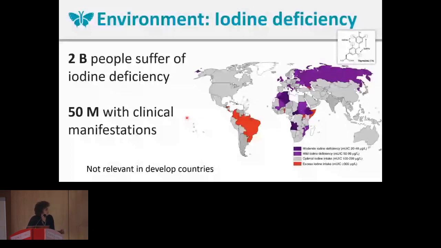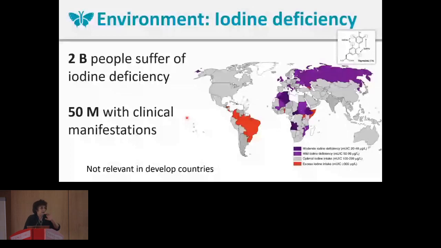And you see the map showing that some big areas on the globe are suffering from deficiency and some areas from excess or too much of iodine. But in the developed world, we don't have this. It's all controlled. So this is an environmental aspect that is not relevant, at least to the data that we analyze. So just remember this point. 50 million are clinical outcomes.